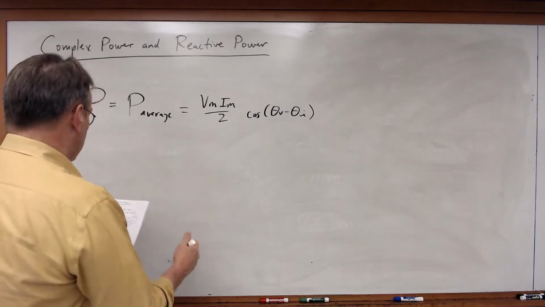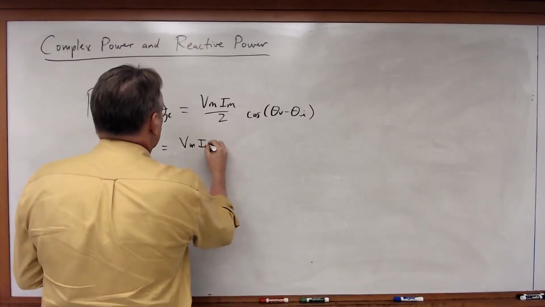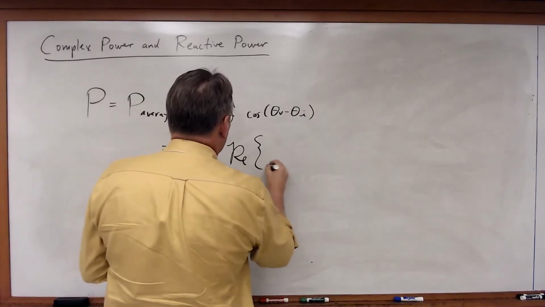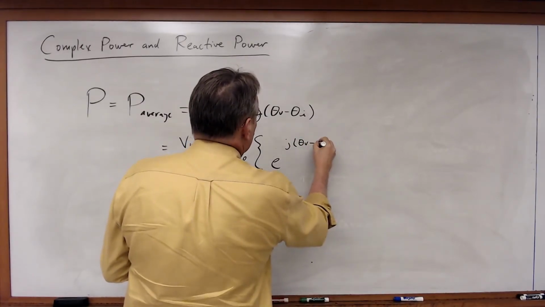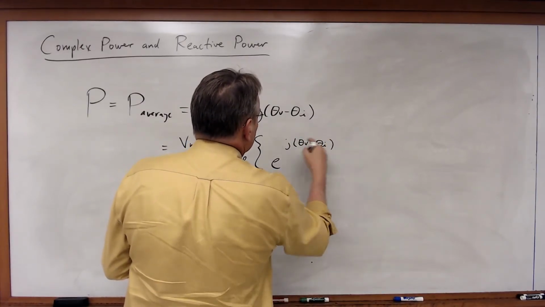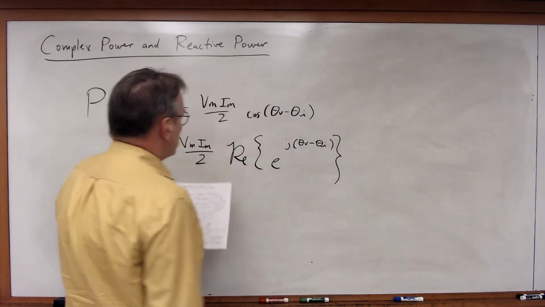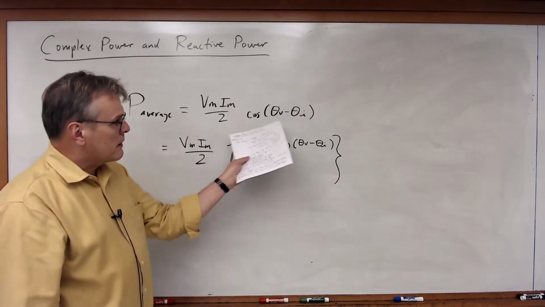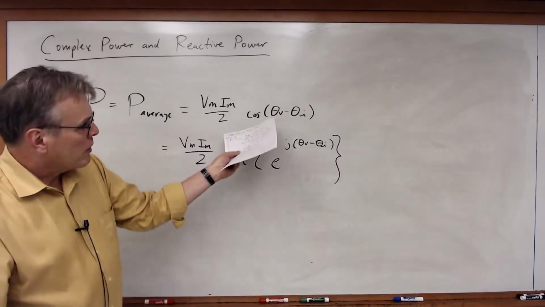So let's rewrite this as Vm Im over 2 times the real portion of e to the j theta sub V minus theta sub I. That's simply the real portion of that number.